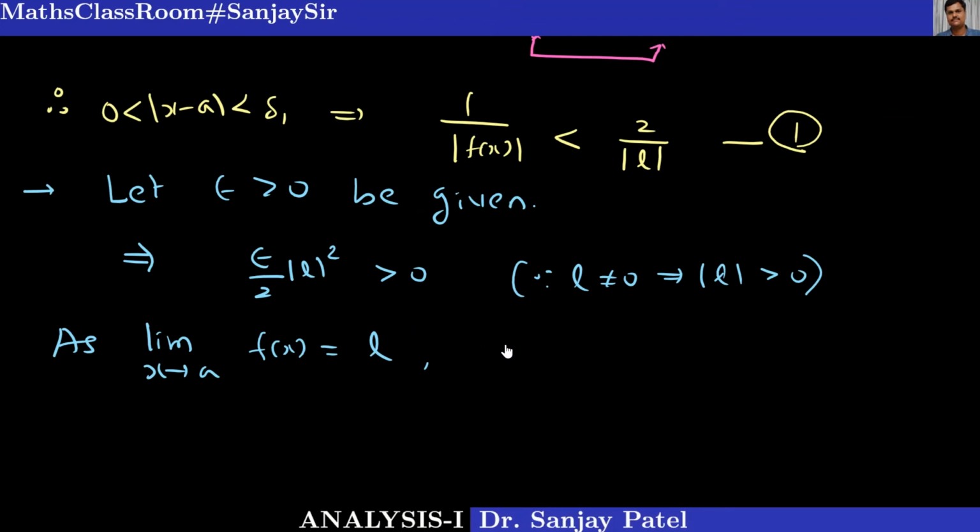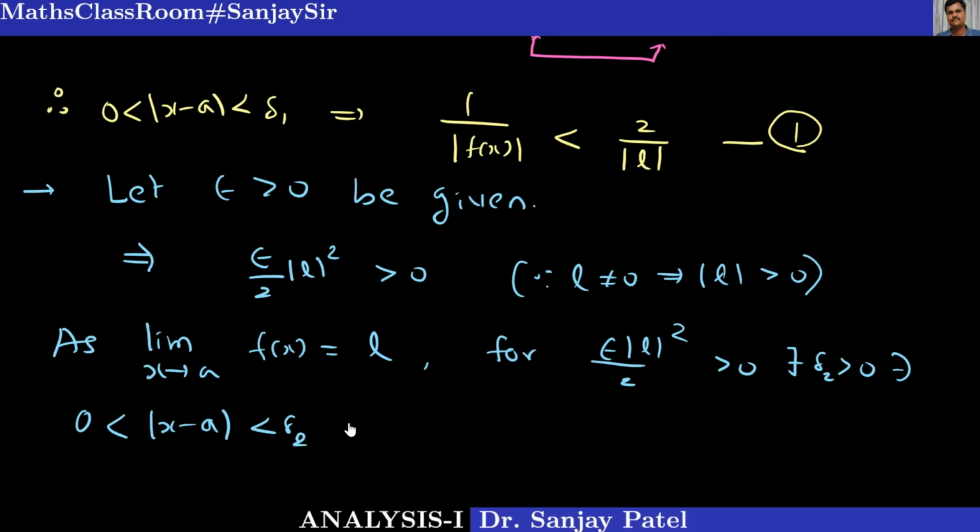For epsilon times mod L square by 2 greater than 0, there exists some delta 2, let me call it delta 2 because I have already used one delta, such that whenever 0 less than mod of x minus a is less than delta 2, we have mod of f(x) minus L less than epsilon into mod of L square by 2, and this is my result number 2.